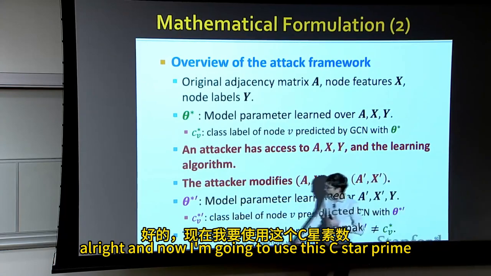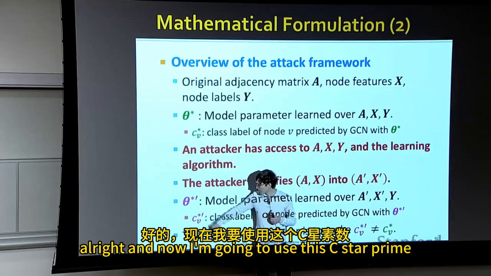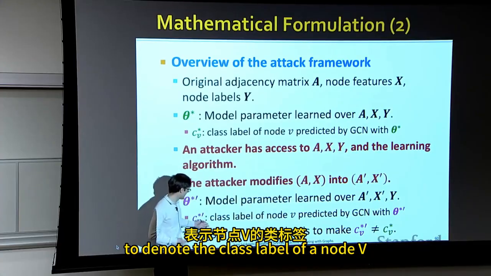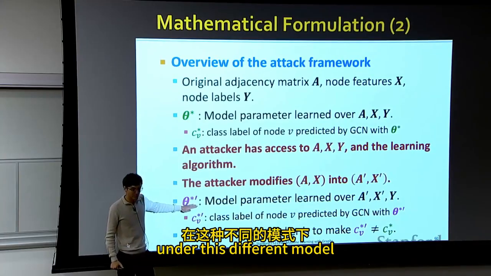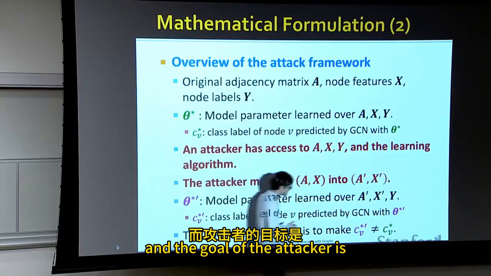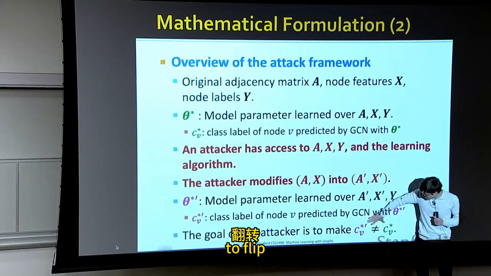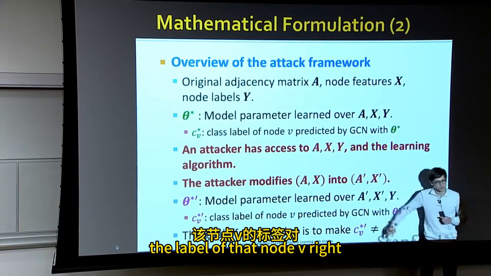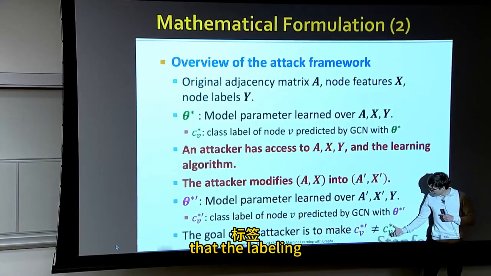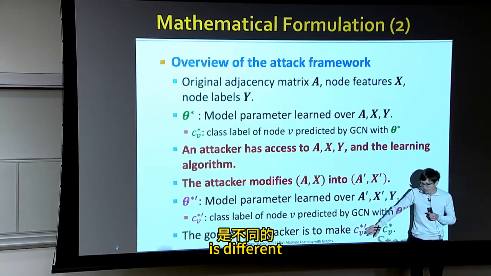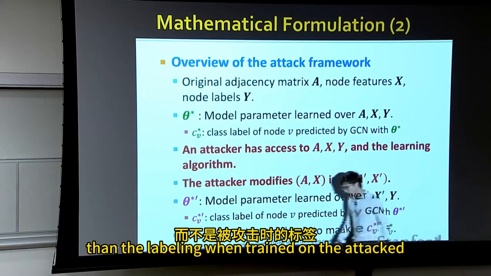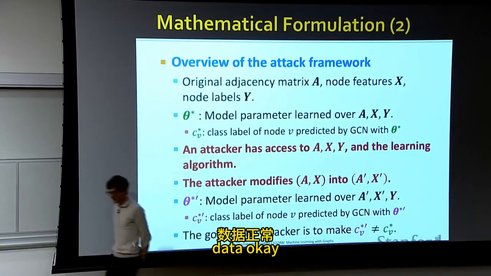And now I'm going to use this C star prime to denote the class label of a node V under this different model. And the goal of the attacker is to flip the label of that node V, right? That the labeling when training on the clean data is different than the labeling when trained on the attacked data, okay?